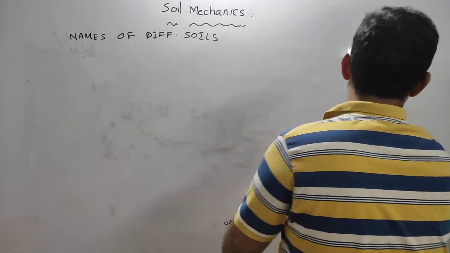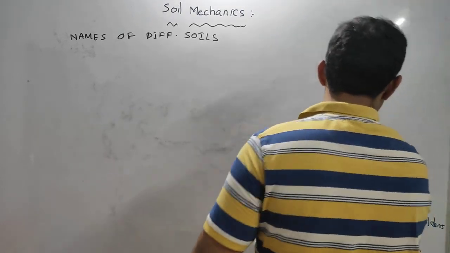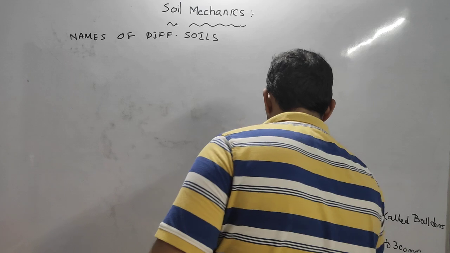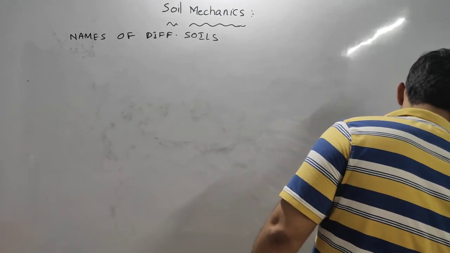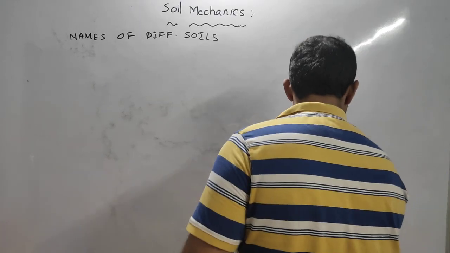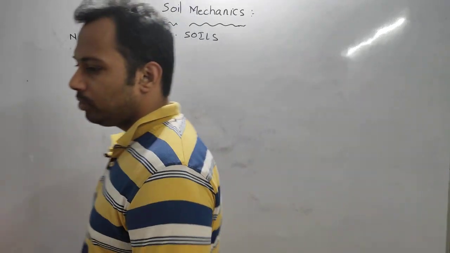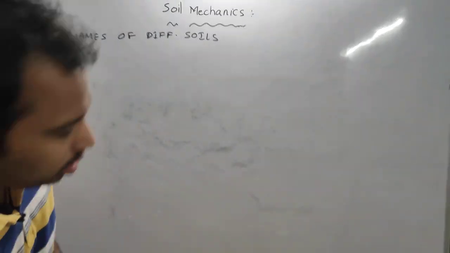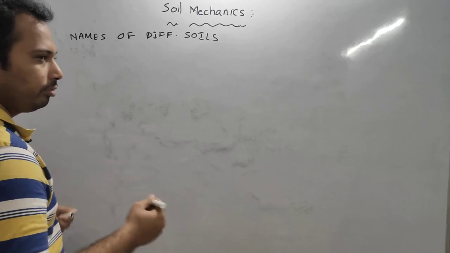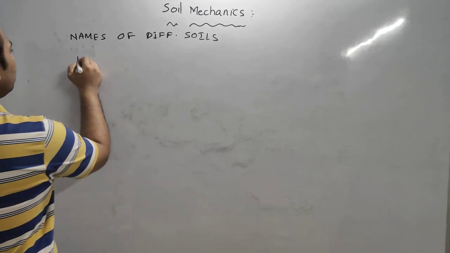So what is meant by hard pan? Hard pan is nothing but it contains all the kinds of gradations. It is a well graded soil containing all the sizes of soil.